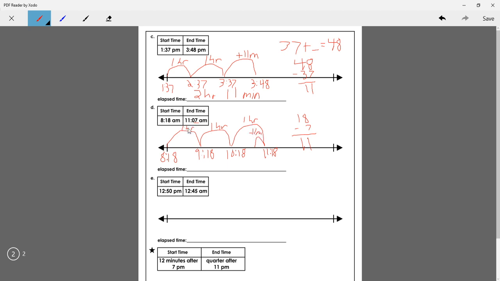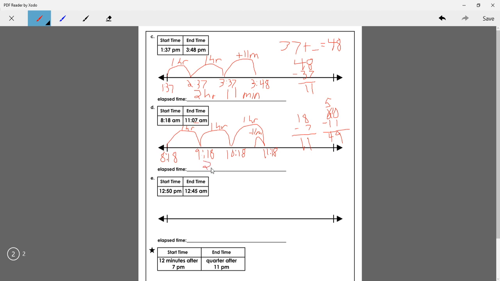So we could do 3 hours minus 11 minutes. So I know that there's 60 minutes in an hour, in that third hour. So we could do 60 minus 11, which equals 49. So 10 minus 1 is 9. 5 minus 1 is 4.